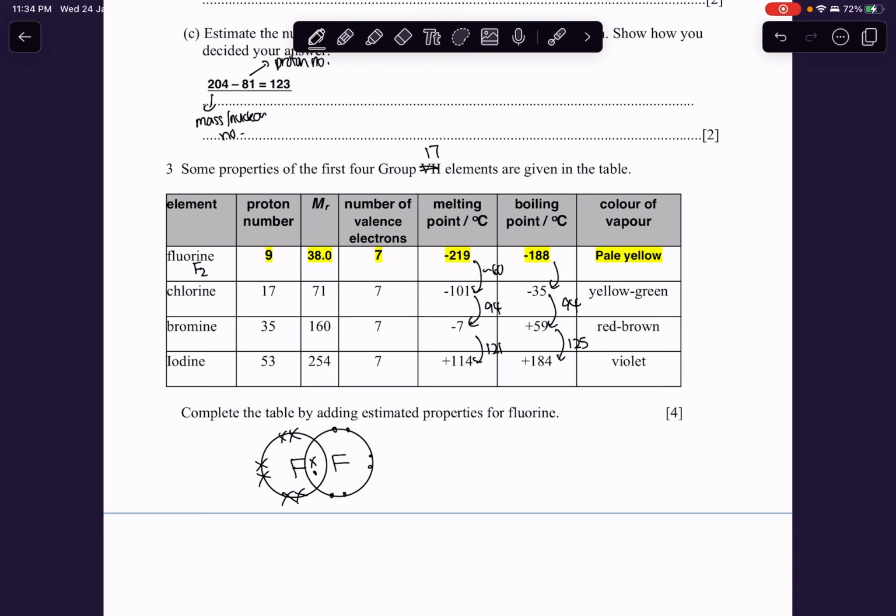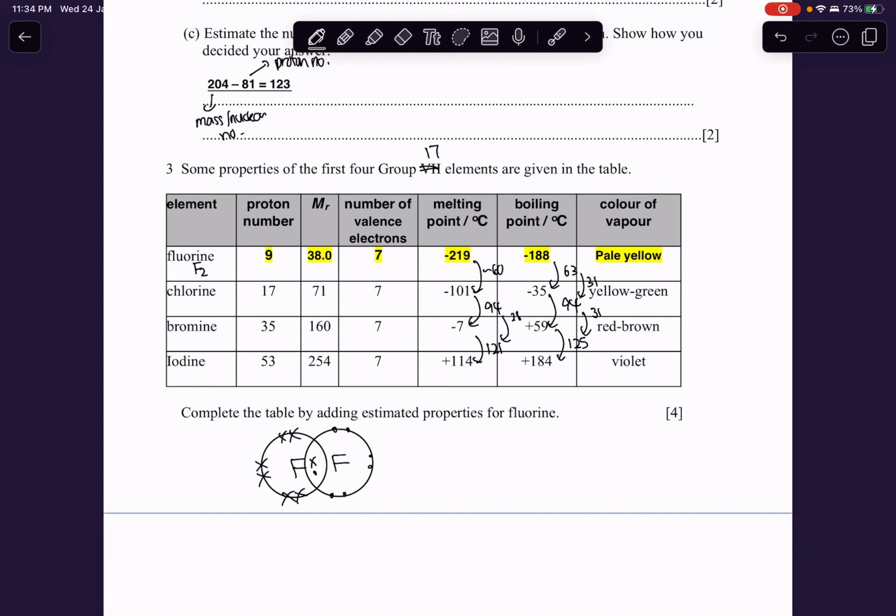So this difference is 31, and if I subtract 31 again, I get 63. Same thing here, 94 to 121 is actually a gain of 28.